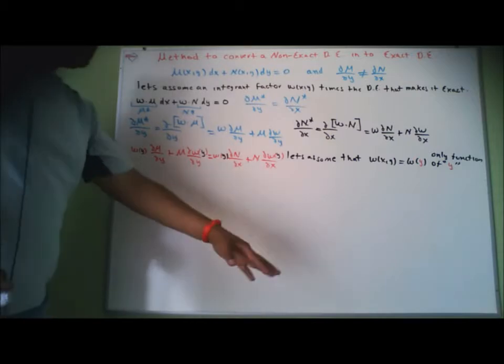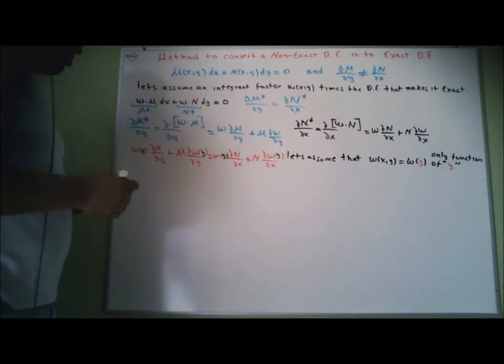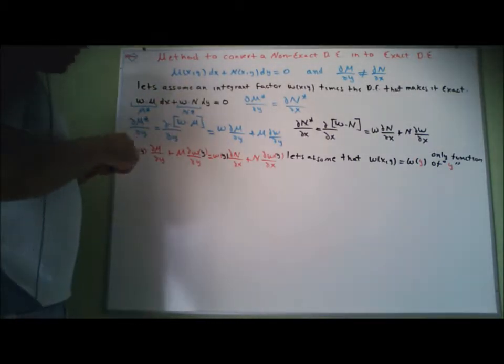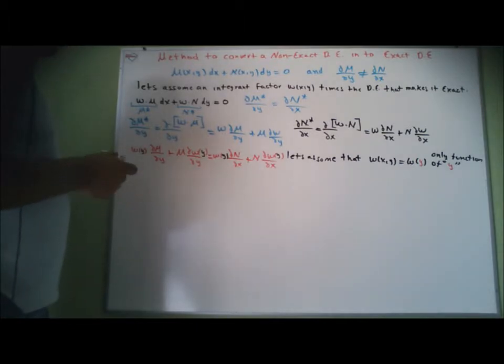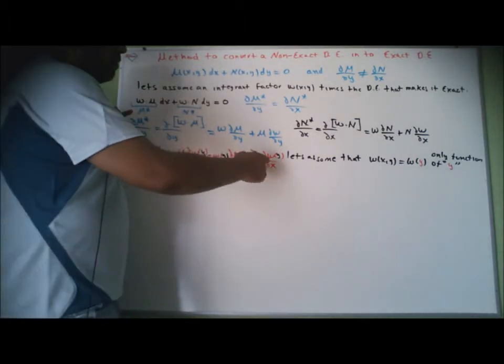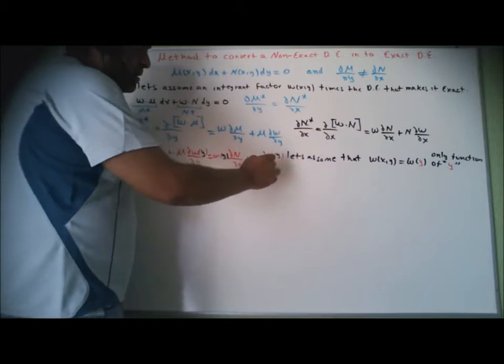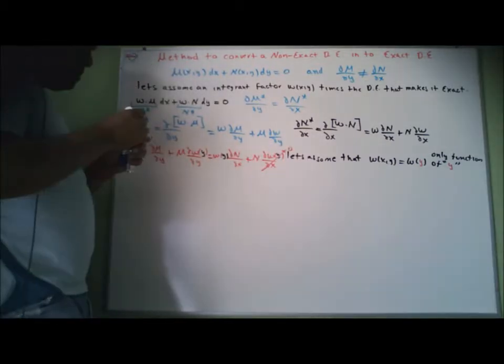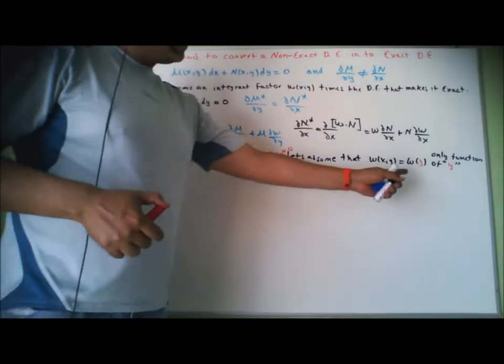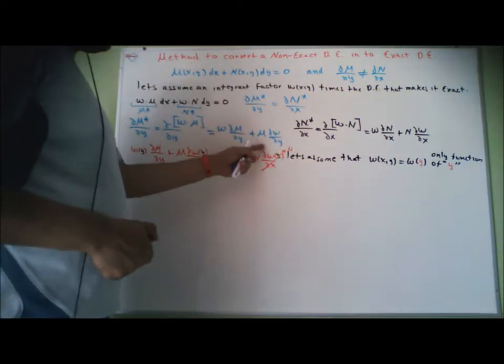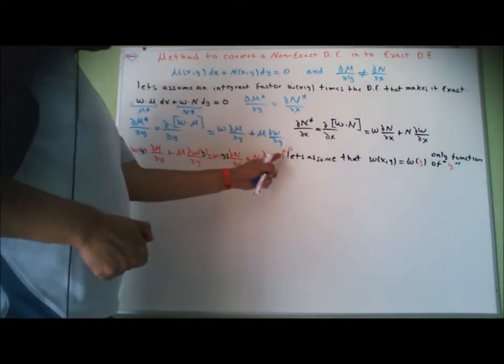So the procedure is very similar to the previous video. Let's continue here. In this case, the partial derivative of w of y with respect to x happens to be 0, because w of y is supposed to be only a function of y, and when you take the partial with respect to x, y is supposed to be a constant.